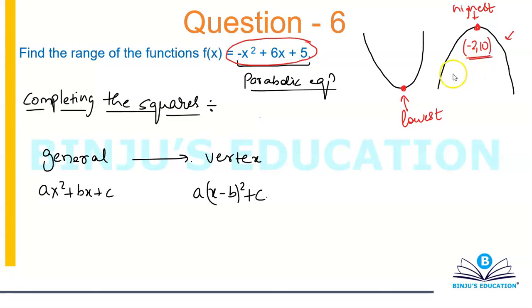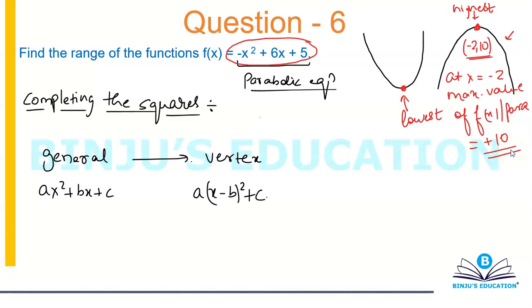This basically means that at x is equal to -2, the maximum value of the function or of the parabola is equal to 10. That it is attaining its maximum value at -2, that being equal to 10. This is basically what it means.